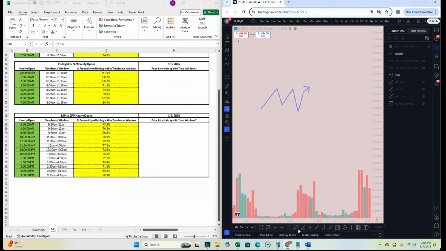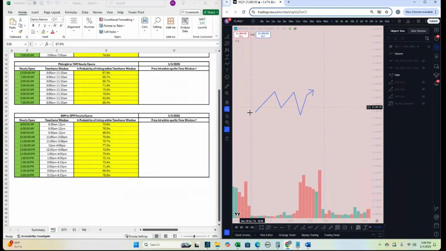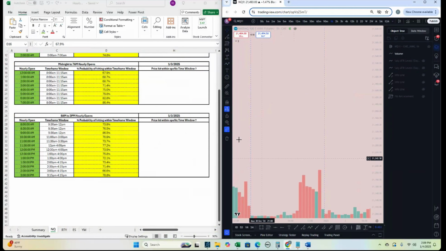Trending days. A trending day is like this. You might have this, you might have that. It's a trending day in which basically the hourly opens, whether up or down, weren't at risk of being hit. On range days, those hourly opens, we like to go back to those for some reason, but statistically we do.